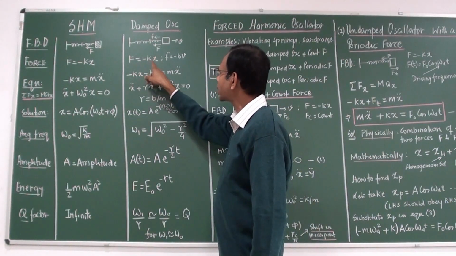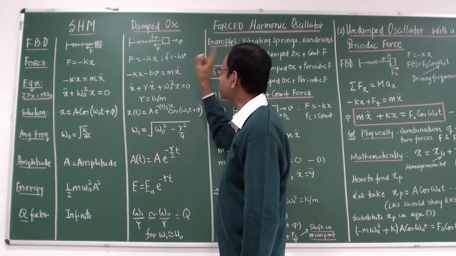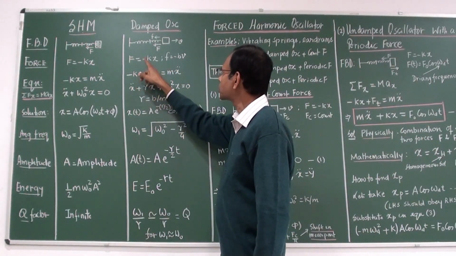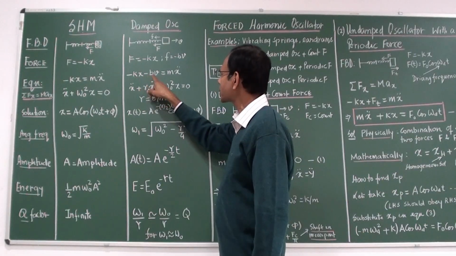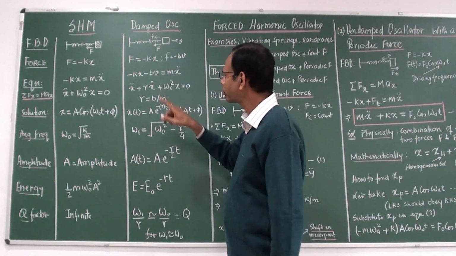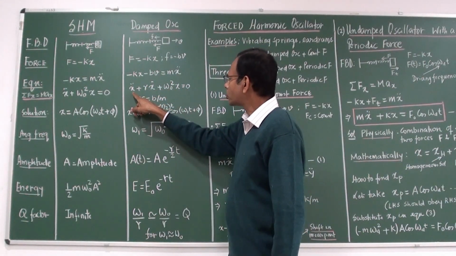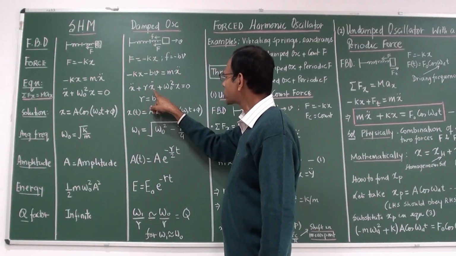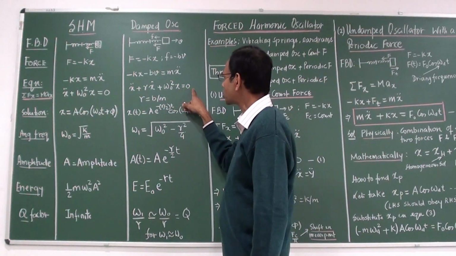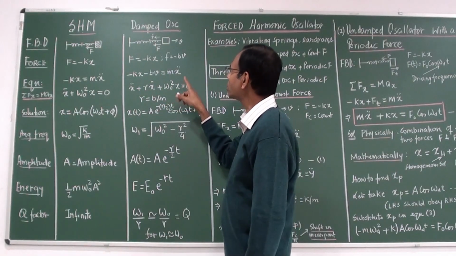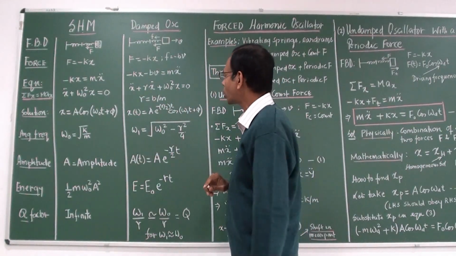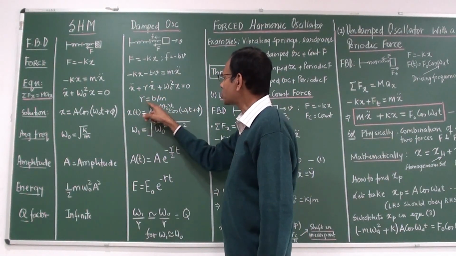So sigma Fx is minus kx minus bv equals m x double dot. So x double dot plus gamma x dot plus omega 0 square x is equal to 0. This is the equation for the damped harmonic oscillator. Gamma is b by m.